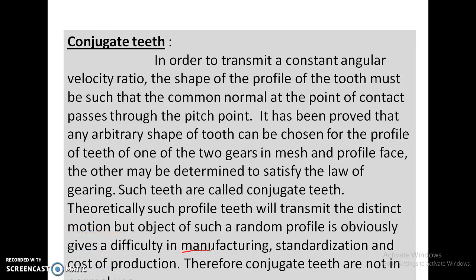So there is difficulty in manufacturing due to the random profiles, there is difficulty in standardization, and hence the cost of production is also high. So these are the three main drawbacks of conjugate profile. Hence generally these profiles are not used. So we discussed what conjugate teeth and conjugate action are, and their drawbacks.